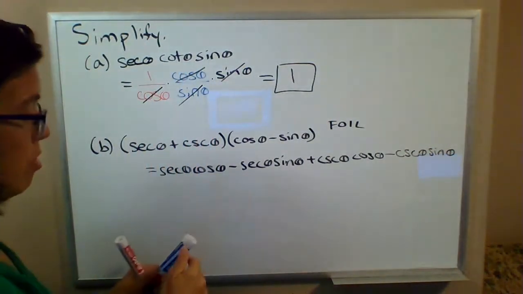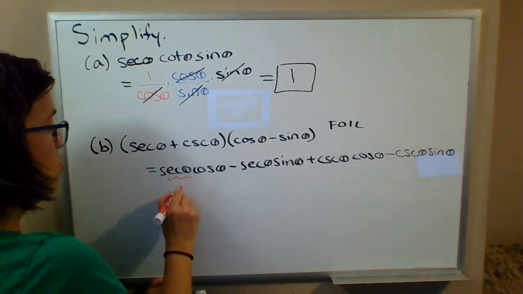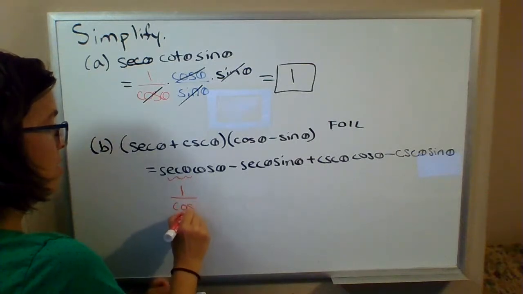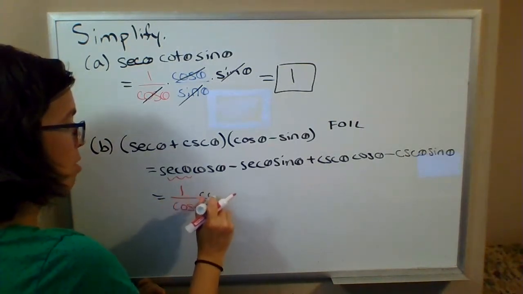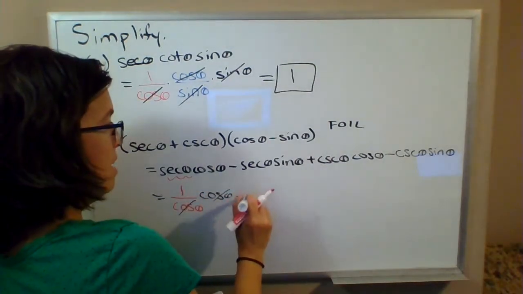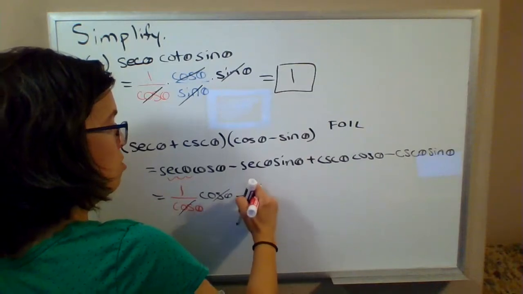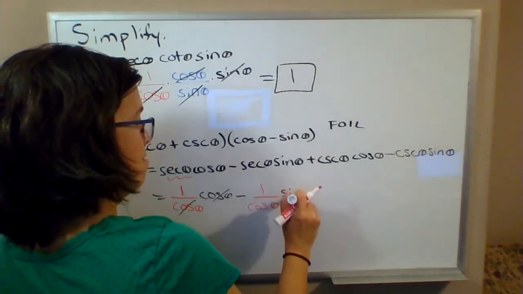But you should use the reciprocal identities at this point and turn secant theta into 1 over cosine theta. So this first piece is actually 1 over cosine times cosine, so this is just 1. Minus, all right, secant theta, which is 1 over cosine, times sine.